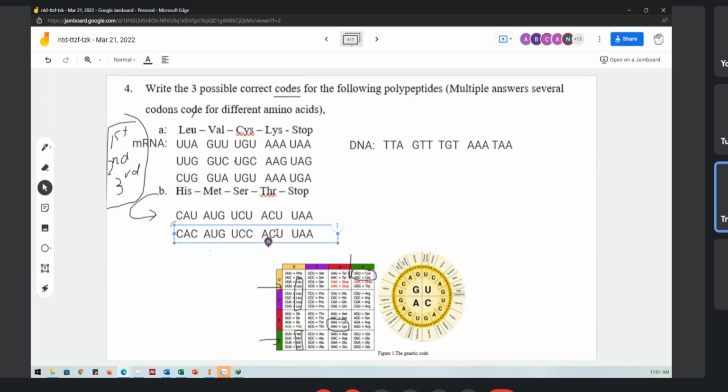Next. For the next, ACC works as well. And this last one, UAG, for example. Okay, so you got the idea, right? Let me mark your name. Thế Trung. Okay.